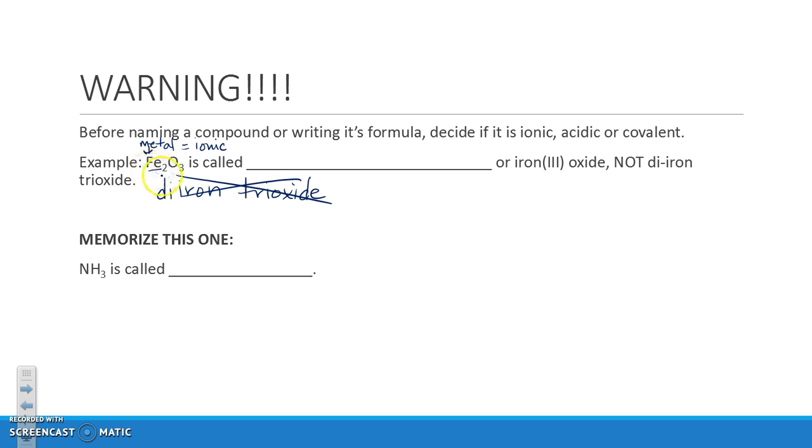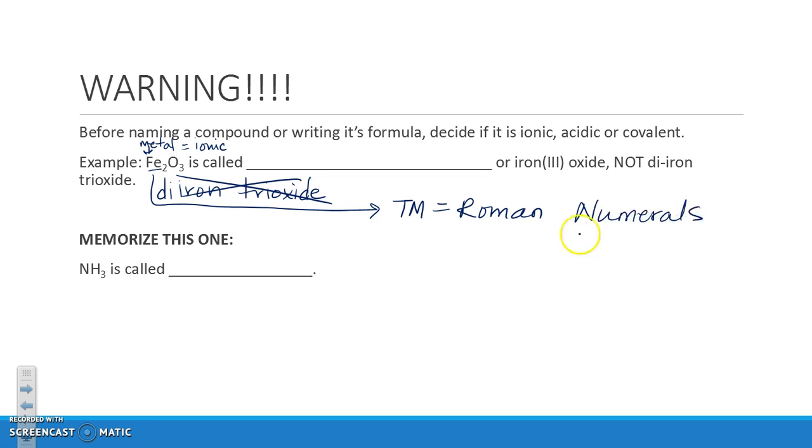Is it a transition metal? It surely is. And if it's a transition metal, we have to use Roman numerals. So you have to make sure that you follow the rules. Practice, practice, practice. Okay, so we would call this iron(III) oxide, or if you use the traditional name, it would be ferric oxide. Either one, they're both correct.